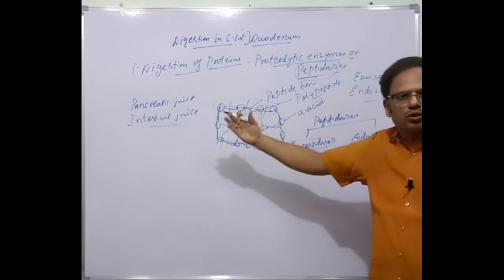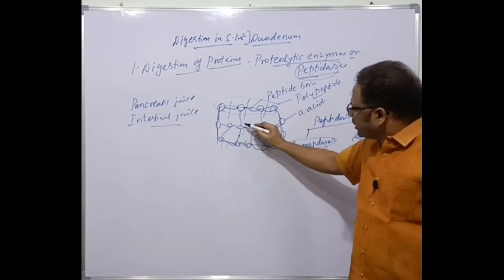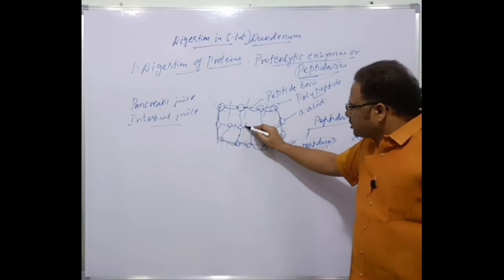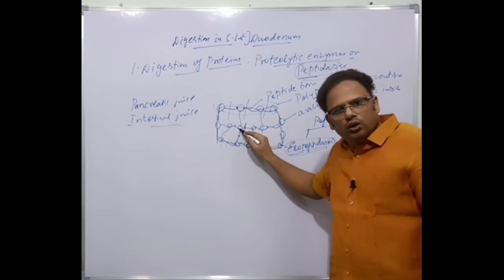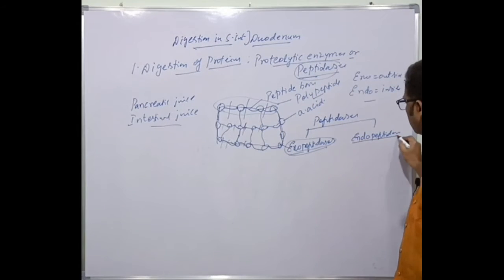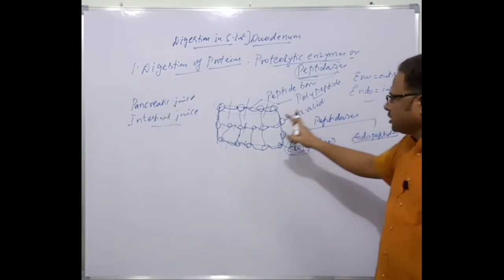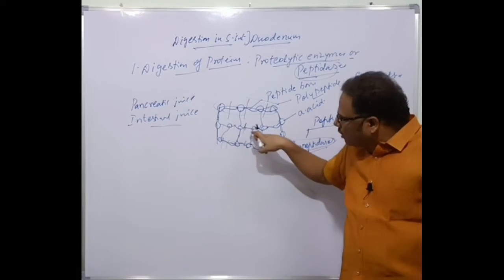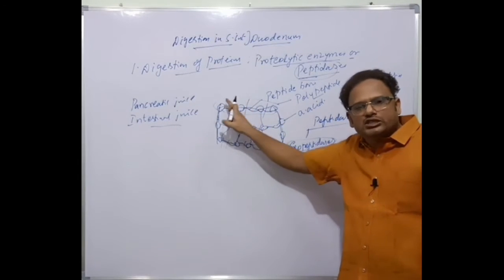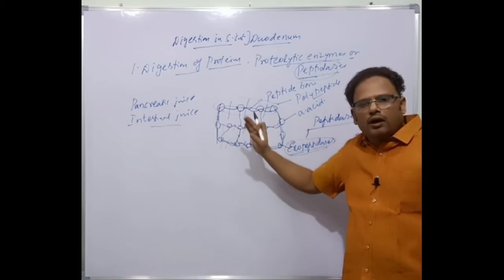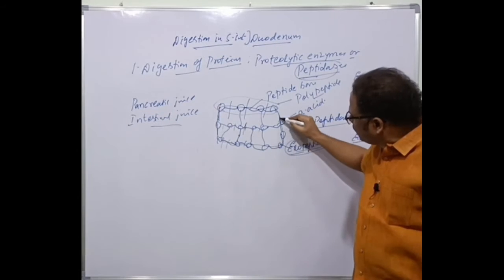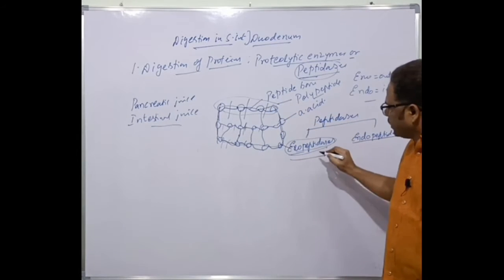Whereas endo means inside, that is, the peptide bonds present inside the protein molecule are broken down by the endopeptidases. The endopeptidases, as the name indicates, break the bonds within the protein molecule, whereas exopeptidases break the peptide bonds present at the periphery. That is the function of the exopeptidases.